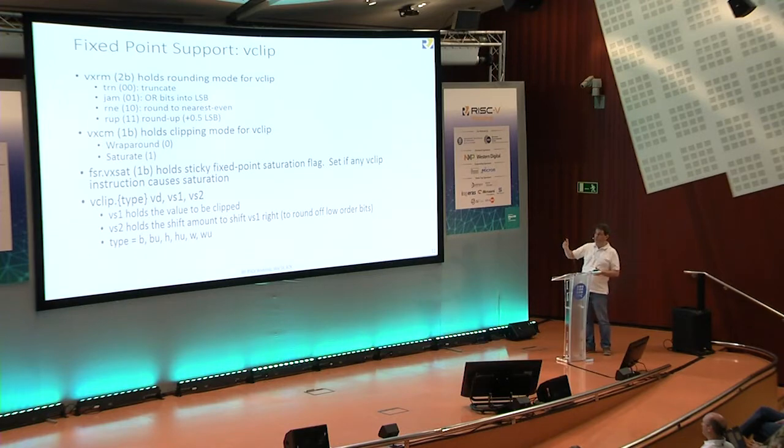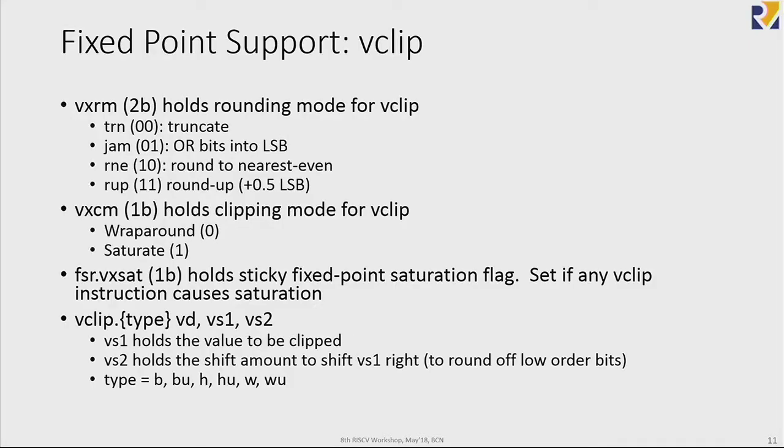The first source register is the data you want to clip. The second source is a shift amount, so you basically shift the data in the first register right by that shift amount. Then you round according to that VX rounding mode that you see there, right? And after rounding, you apply the clipping, either saturate or wraparound. Some people call it modulo. You basically ignore the top bits. So that's nice support for people doing fixed point.